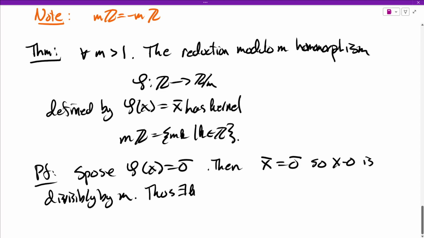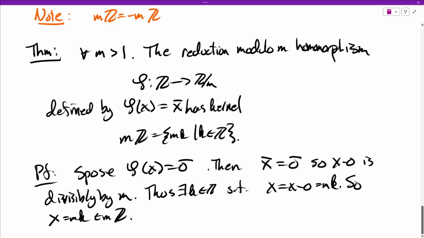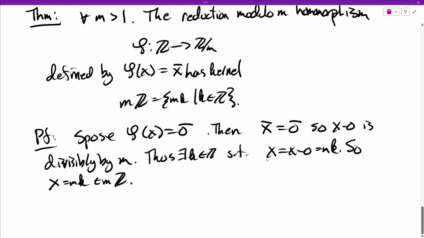There exists some k in Z such that x, which is x minus 0, is mk. So x, which is mk, is certainly in mZ. This tells us that the kernel of phi, the reduction modulo m map, is contained in mZ.